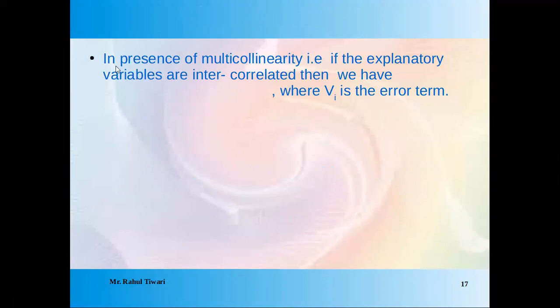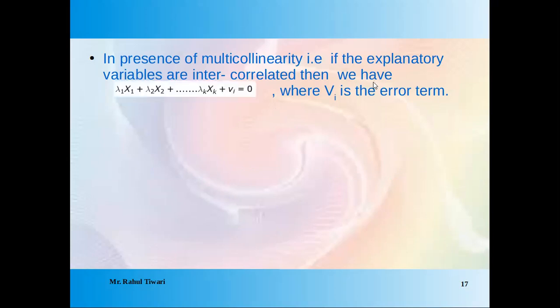In the presence of multicollinearity, what happens? If explanatory variables are interrelated, then we have this relation. Now, in the previous case, there is no term of vi, that is, no term of error. If there is no error term, then there is no multicollinearity.